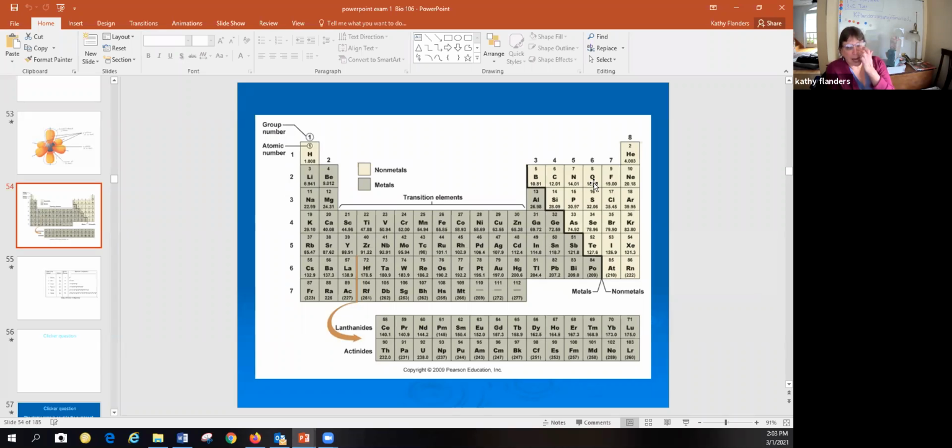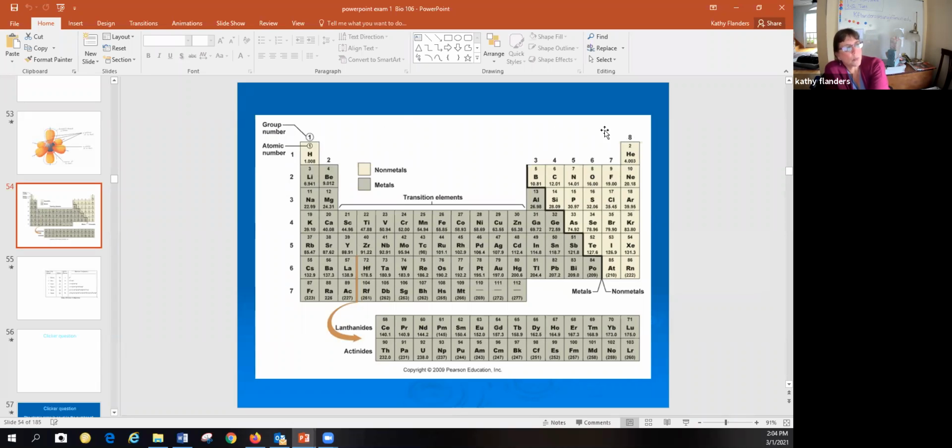Since this has already got 6 electrons, it is more likely to gain 2 electrons to get 8 electrons in its outer shell than it is to lose 6 electrons. And then its outer shell is smaller, but it's still full.